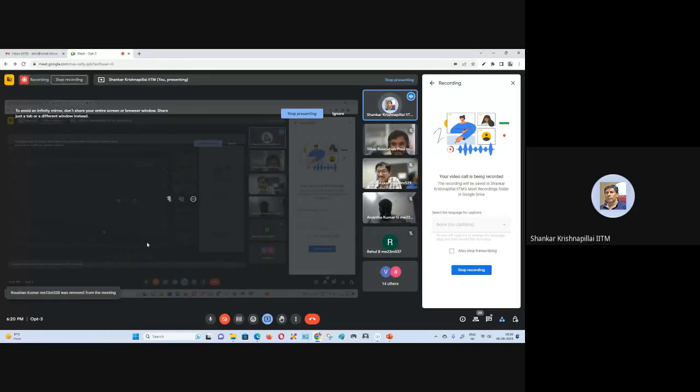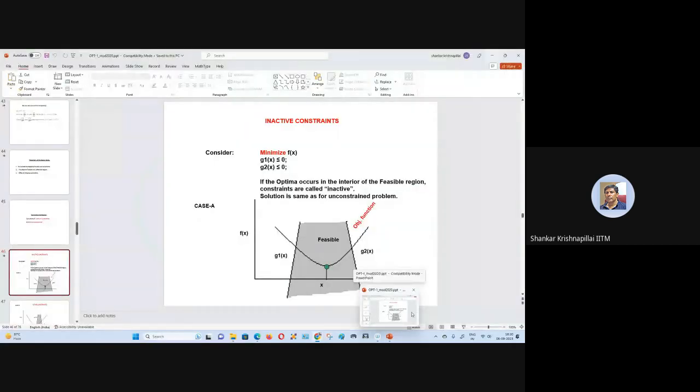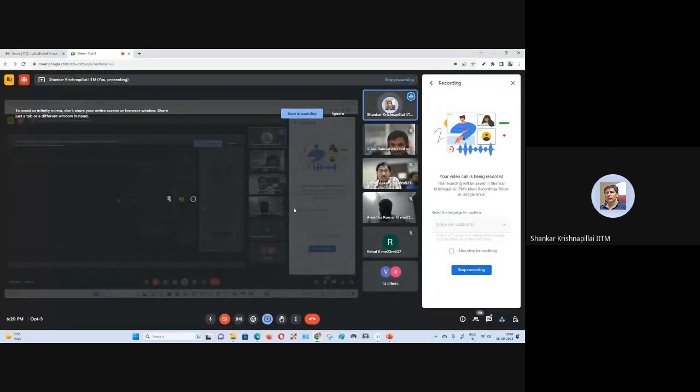Okay, I think now it is started. Okay, red button has come. So shall we start, or is Roshan Kumar removed or what? Yes, I think so, sir. Okay, you ask him to join, because once I go to full screen mode, I can't see anyone.